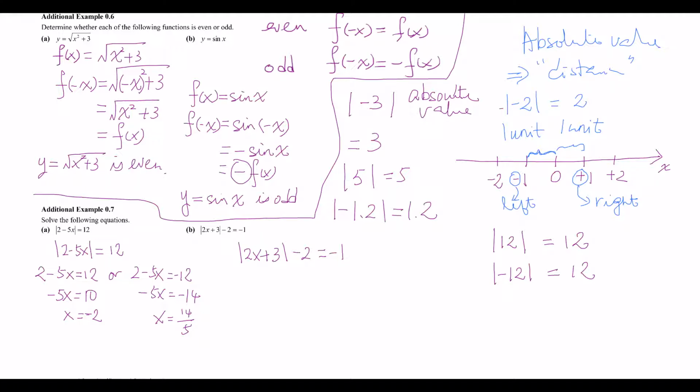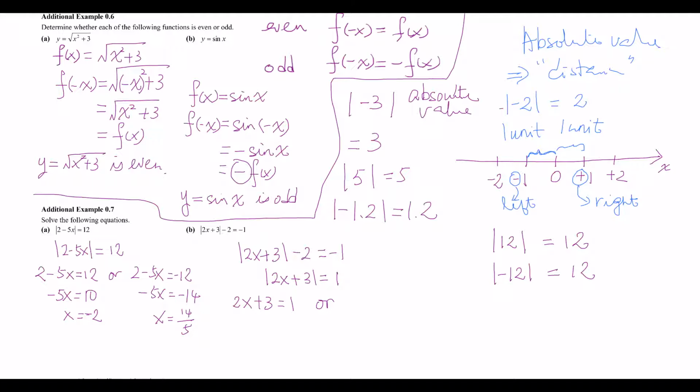Now first we can do some simplification. Before solving the equation, we can simplify: the absolute value of 2x plus 3 equals 1, adding 2 on both sides. And if you look at this one, it's similar to part A that we have just solved. It means one possibility is that 2x plus 3 is 1.